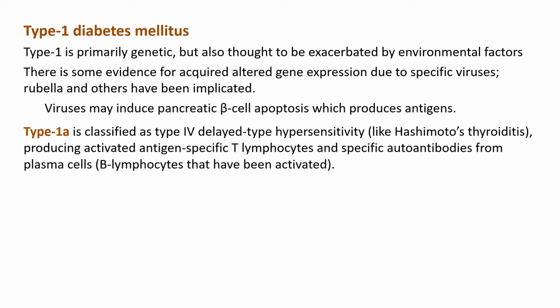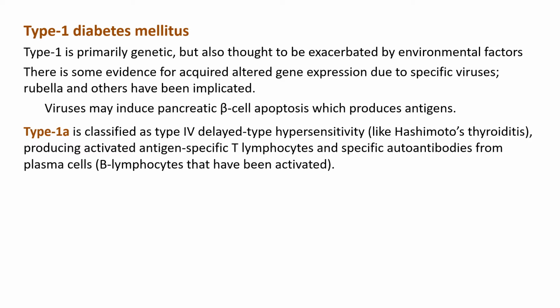Although there have been attempts to adopt other classifications, because it's quite old now, nothing else really has managed to classify it as clearly. So any hypersensitivity disorder tends to be classified by this Gell and Coombs classification system. And according to that, this is a type 4 delayed type hypersensitivity.